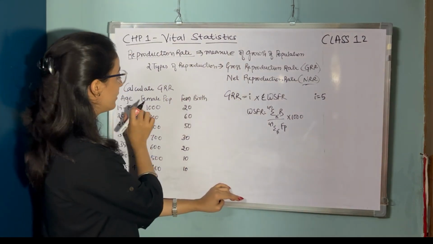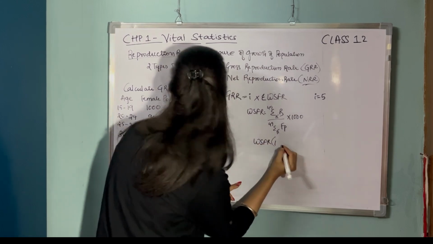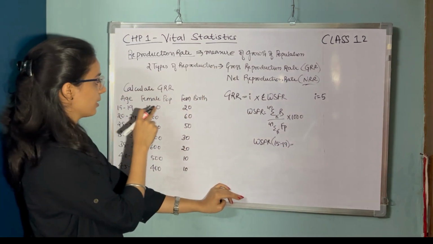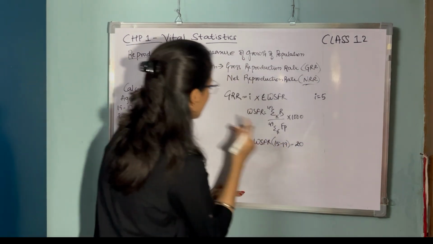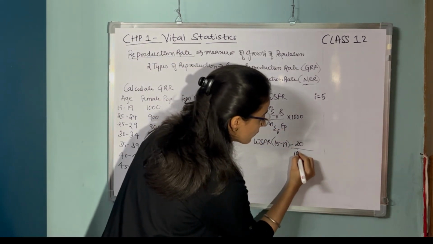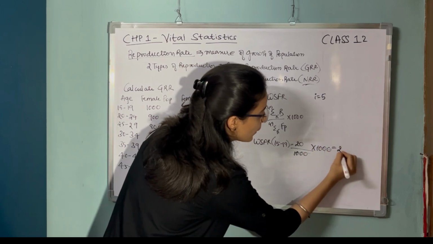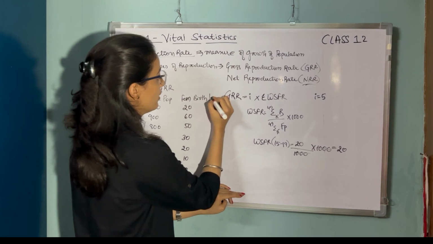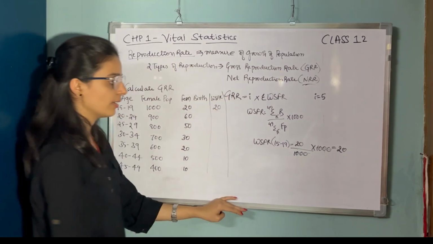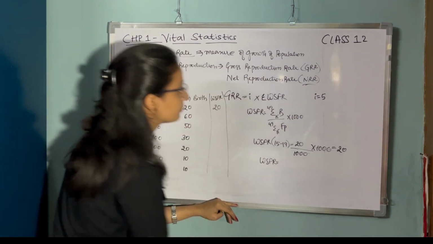For the 15 to 19 age group, birth is 20, population is 1000, into 1000, so WSFR will be 20.